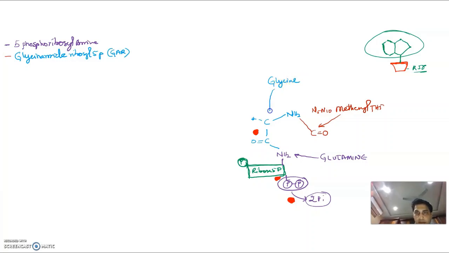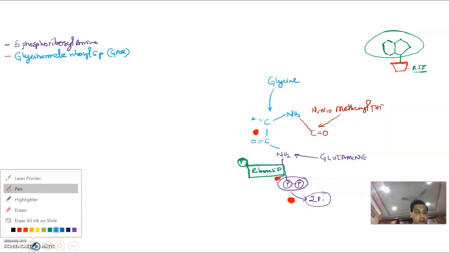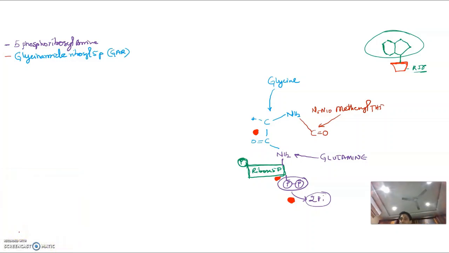This step doesn't require any energy. The enzyme for this is formyl transferase. The compound now formed is formyl glycinamide ribosyl 5-phosphate, also called FGAR.